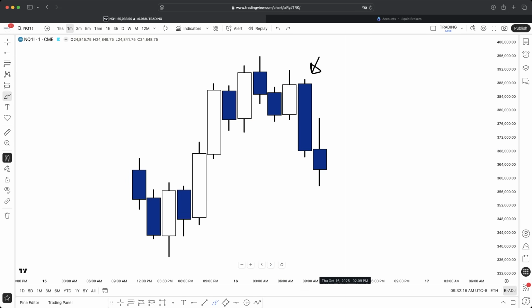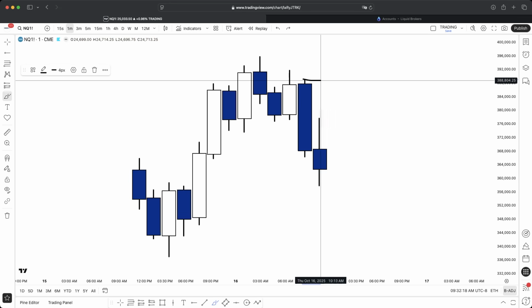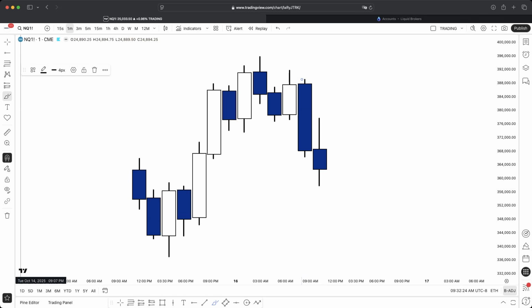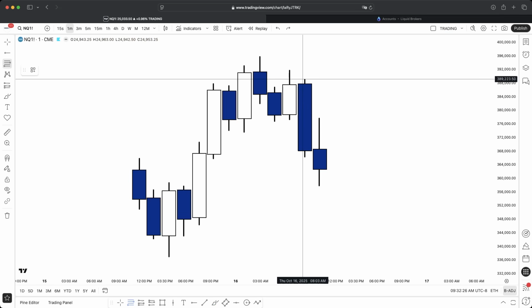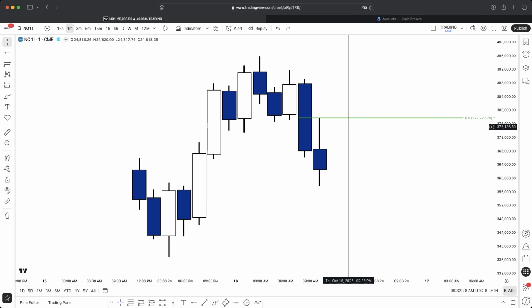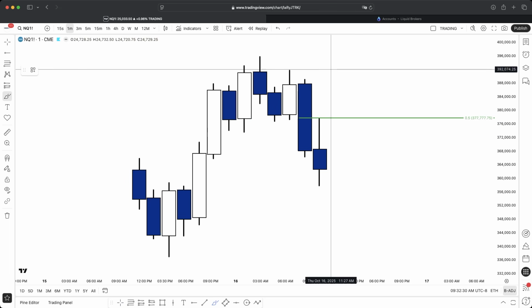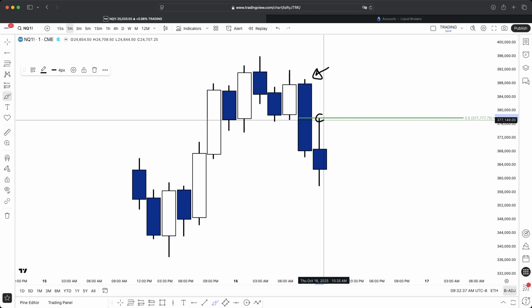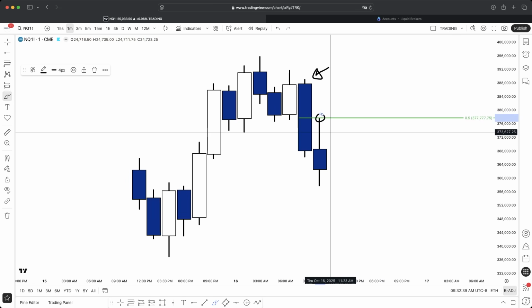So, before this candle's ever gained, something that we could do is mark the mean threshold, right here. If price comes into that mean threshold level and rejects, it can't get above that.